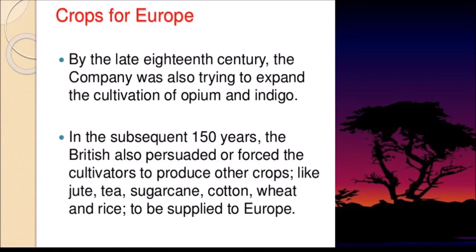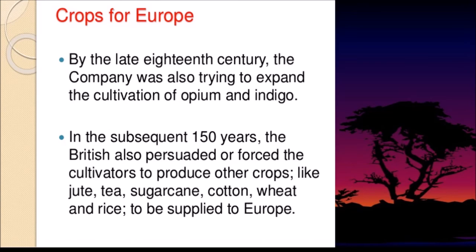Now, crops of Europe. When we look into the crops of Europe, by the late 18th century, the company was also trying to expand the cultivation of opium and indigo. In the subsequent 150 years, the British also persuaded or forced the cultivators to produce other crops like jute, tea, sugarcane, cotton, wheat, and rice to be supplied to Europe.